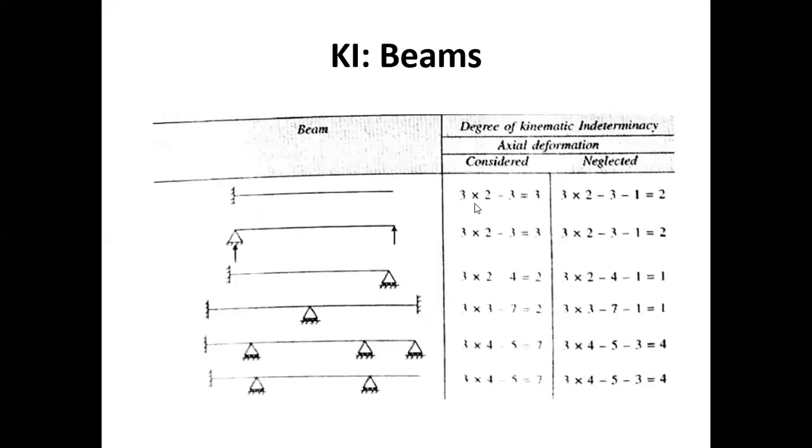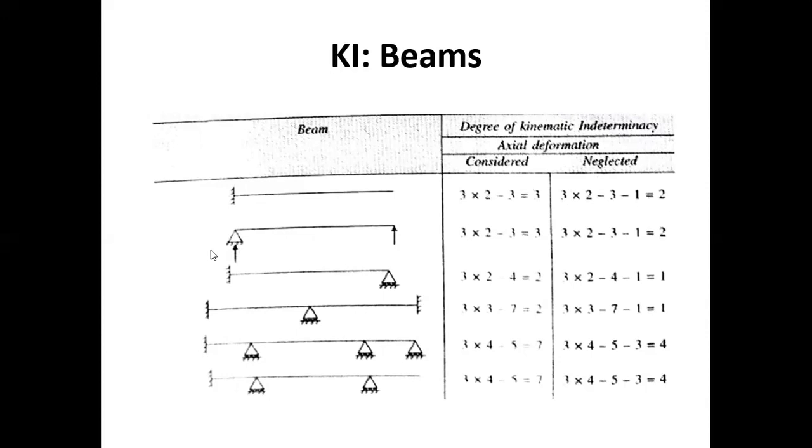Here the number of joints is 2, and e is 3. How? At the fixed end, the number of internal reactions is 3, so 3j minus e is 3. And if it is neglected, the number of members is also counted, so it is 3j minus e minus m. The number of members is 1, the only member here, so it will be 3j minus r minus 1, that is 2.